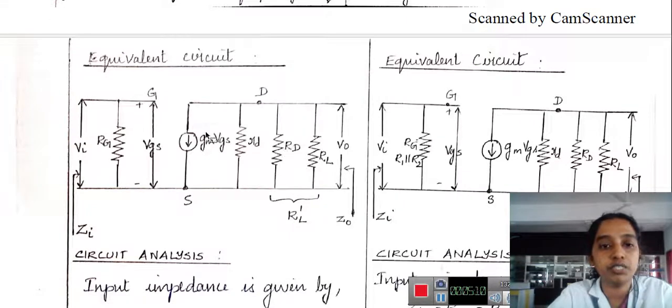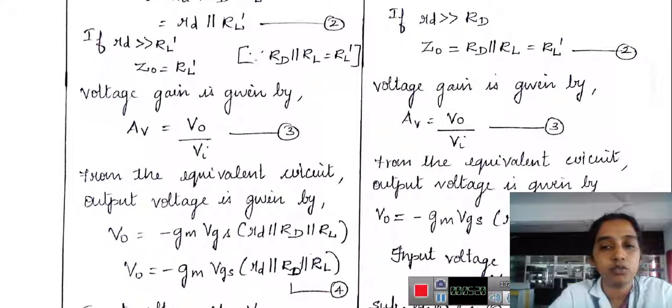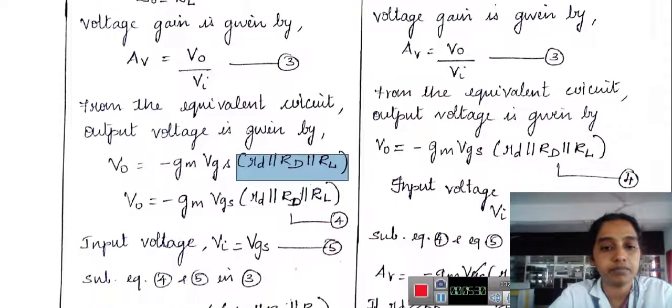Gm into Vgs is the current which is flowing, and the resistance is rd in parallel to drain resistance in parallel to RL, the load resistance. When we calculate output voltage, as the current is flowing in the opposite direction, I include the negative sign.